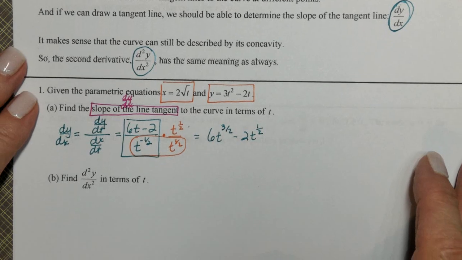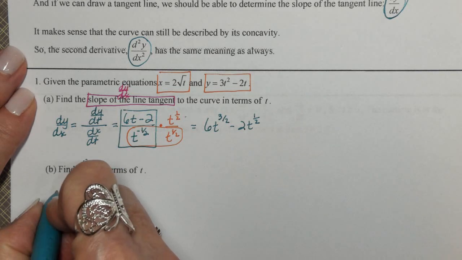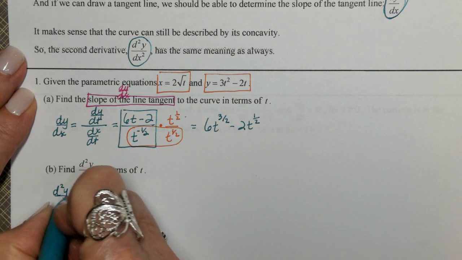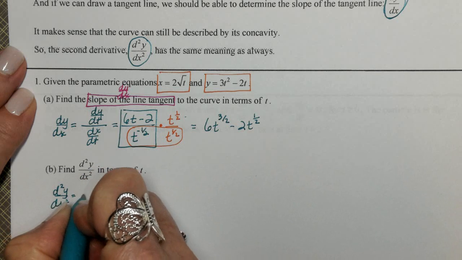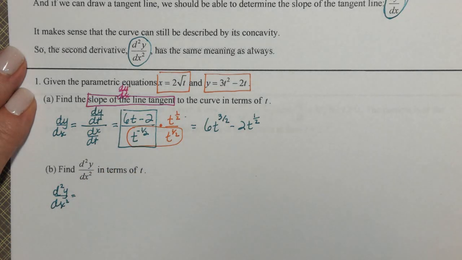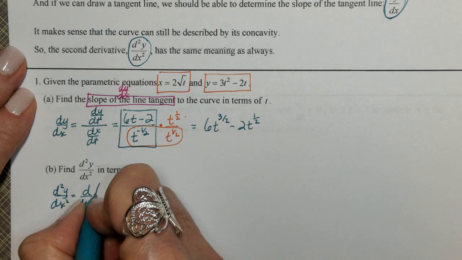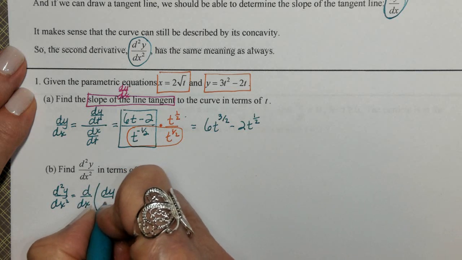Part B. Now we're asked to find the second derivative of y with respect to x. Well, the second derivative of y with respect to x is the derivative with respect to x of the first derivative, dy/dx.